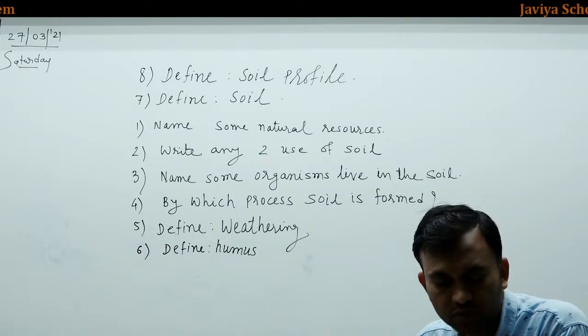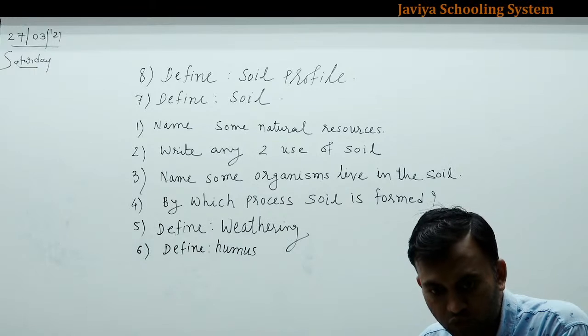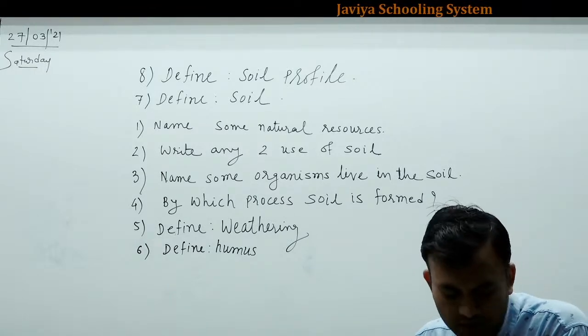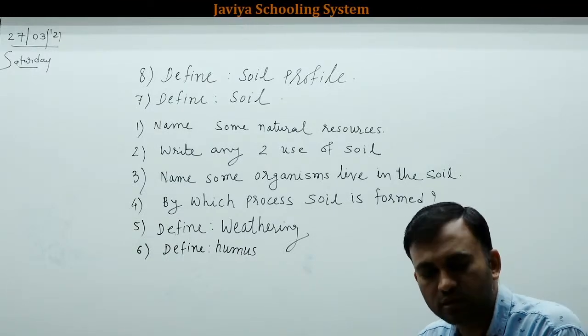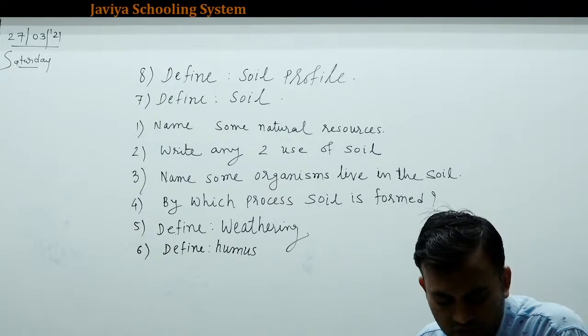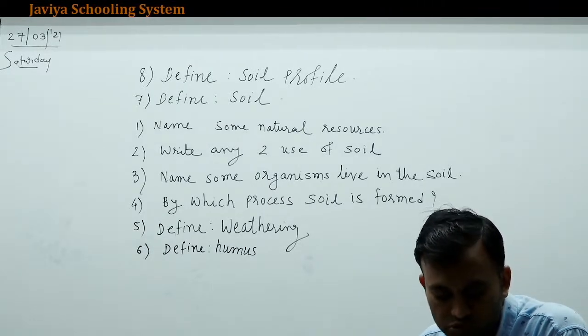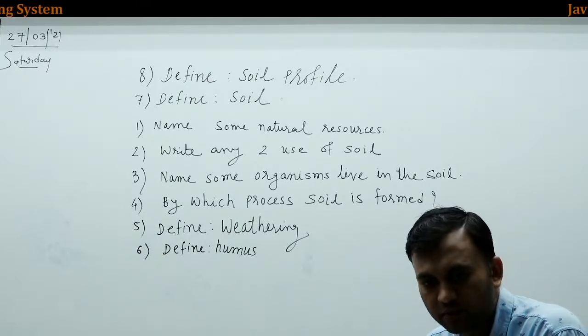Soft, porous, retains more water. Then it provides shelter to many organisms like earthworm, snake, ant, rodent, like that. Roots of most of the plants, especially small plants, are here.